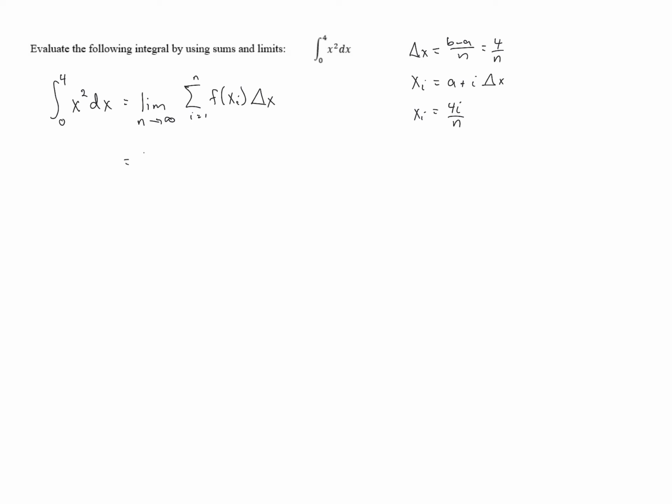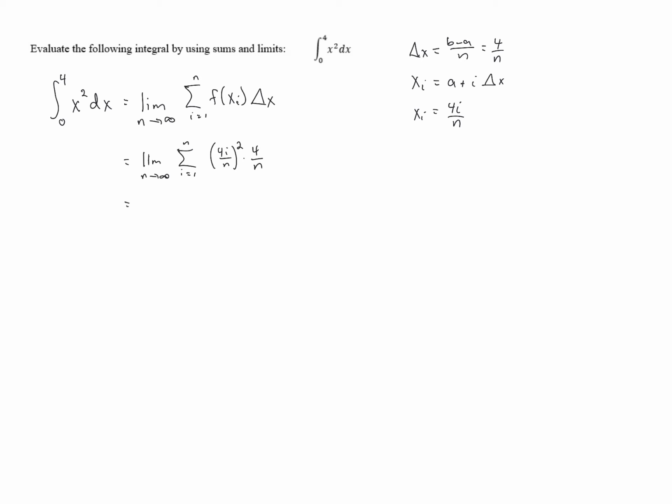So let's write that out. This is the limit as n approaches infinity of the sum as i ranges from 1 to n of our function evaluated at x sub i. So it's going to be (4i over n) squared times delta x, which is 4 over n.